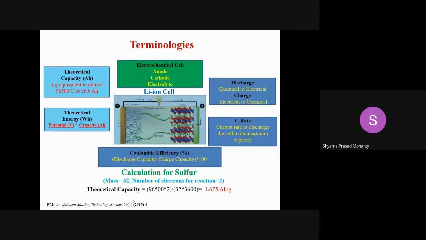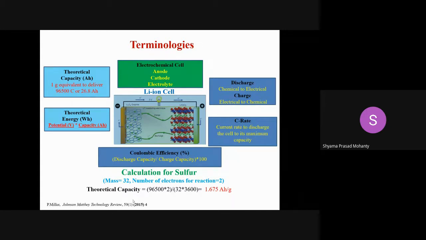Most of us are familiar with the lithium ion cell, or somehow we have heard about it. What restricts the lithium ion cells is that they have a lower capacity and lower energy density as compared to lithium sulfur cells or lithium air cells.